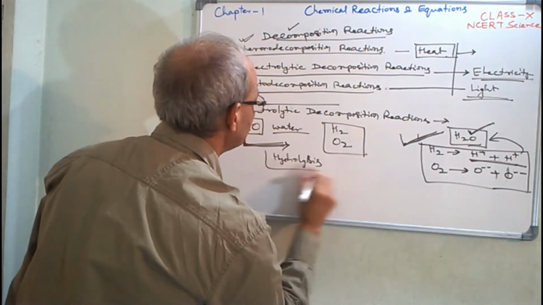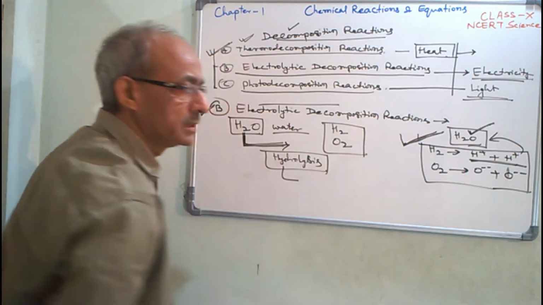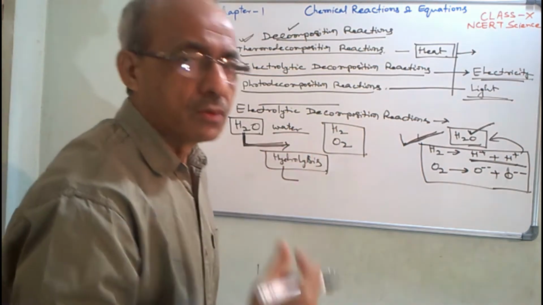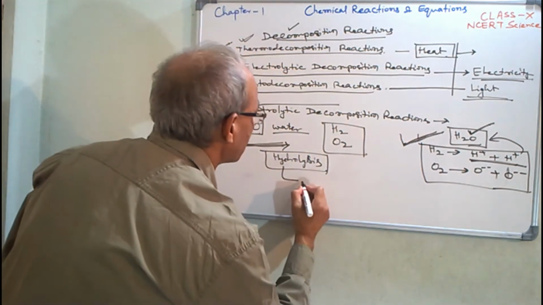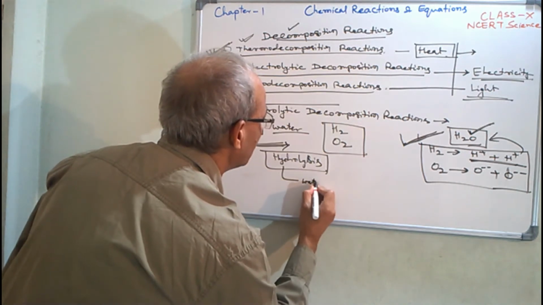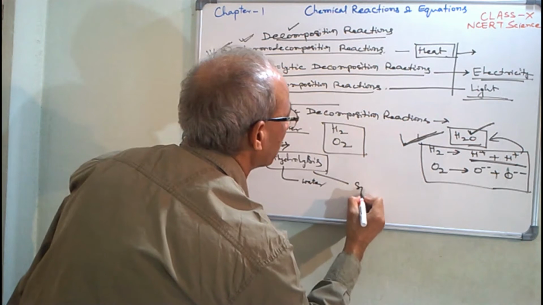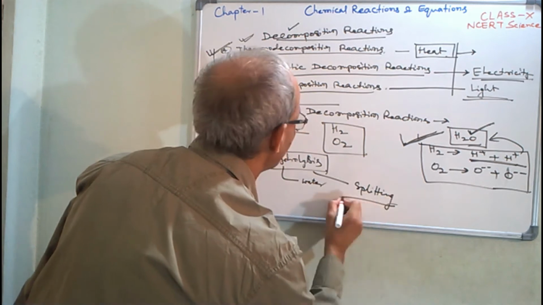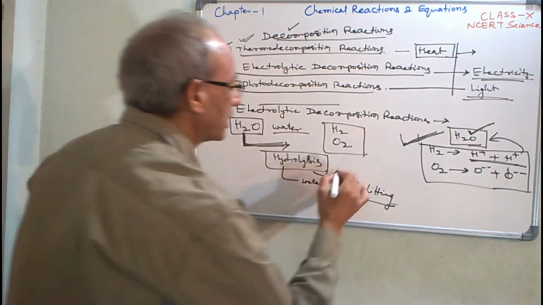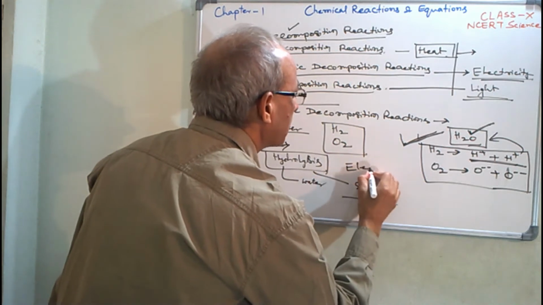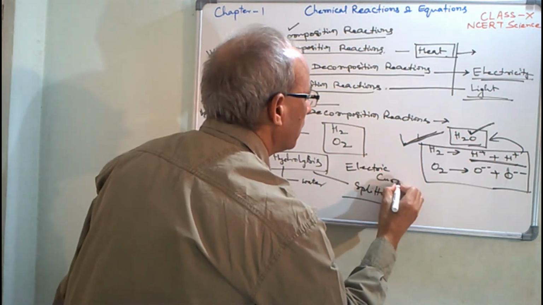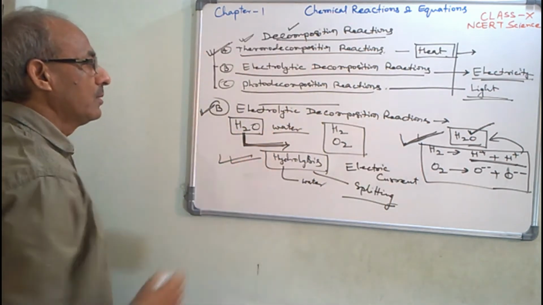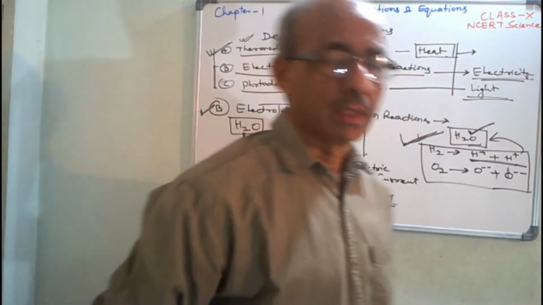This term is derived from two parts. Hydro pertains to water, and lysis means splitting. Splitting of water molecules in presence of electric current is called hydrolysis. This is an example of an electrolytic decomposition chemical reaction.